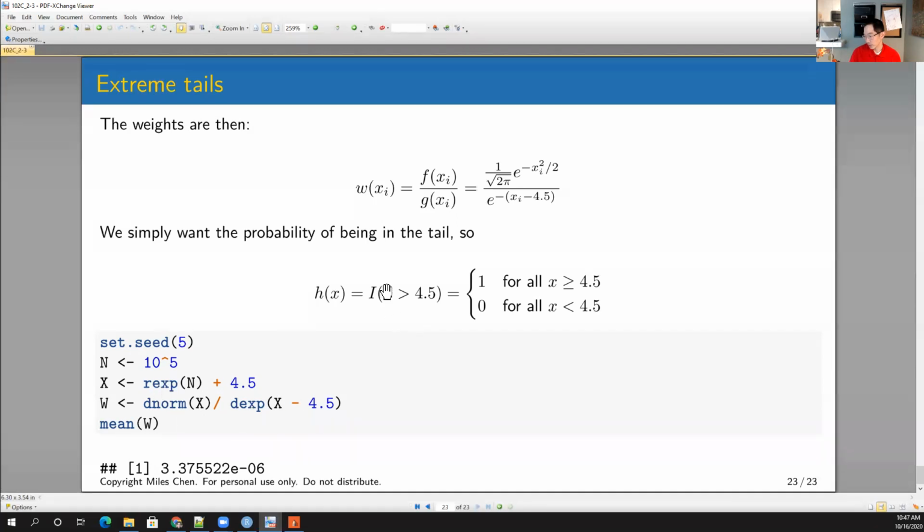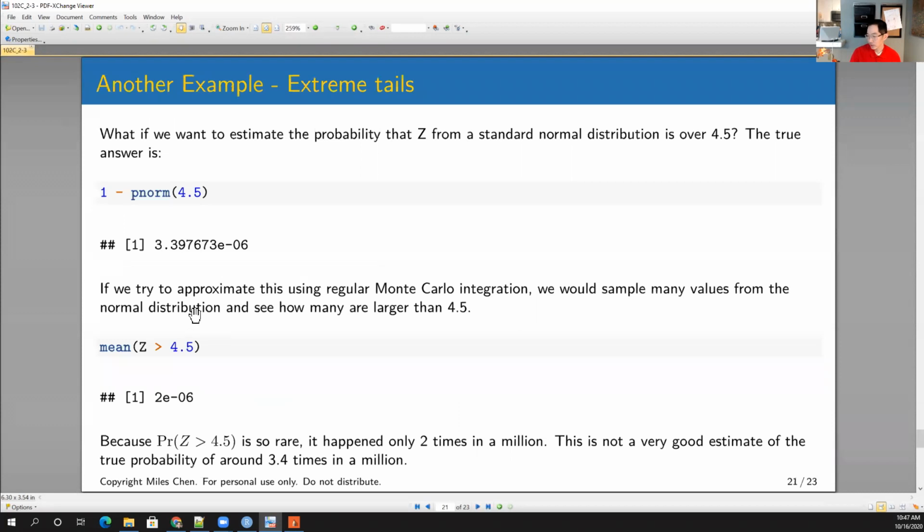And then my h is basically 1. So I guess I could have w times 1, because all of my x's are greater than 4.5. What's the mean? The mean is going to be 3.375, which is quite close to the true pnorm value of 3.397.